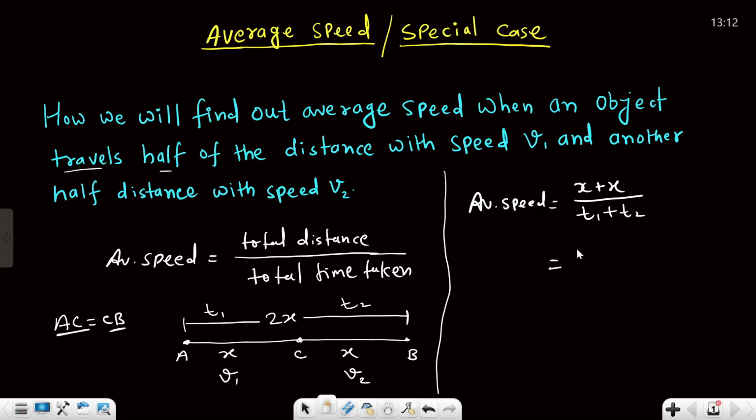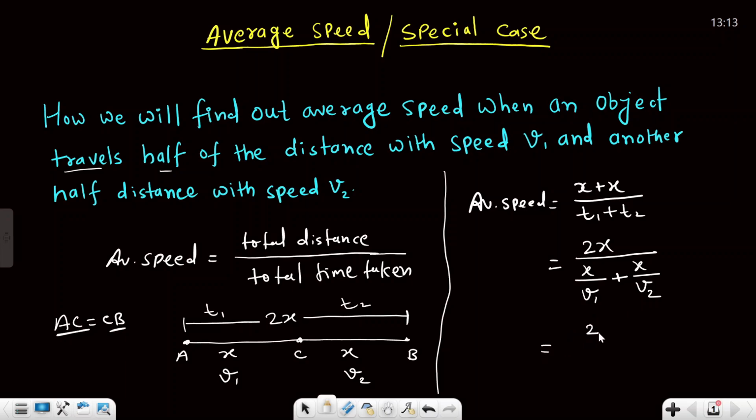Now in the second step, we can add x plus x, that will be 2x, but in place of time, we can write the distance from A to C over the speed from A to C. So the distance from A to C, that is x, divided by the speed in that duration, that is v1. Similarly, we can put for t2 as well. In place of t2, we can write the distance from C to B over the speed from C to B, that is v2, right?